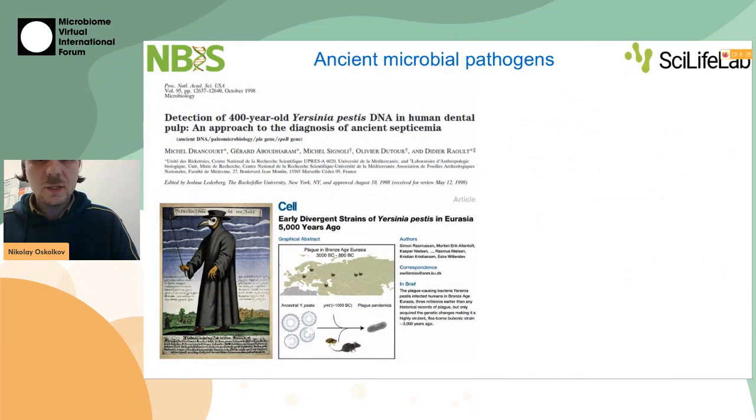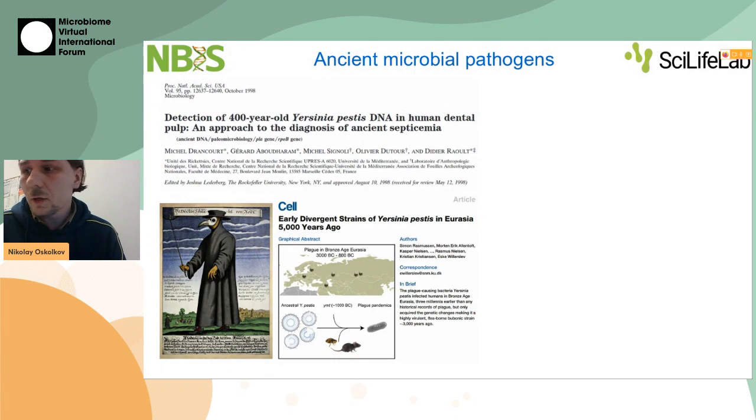And some of these ancient microbes can be really interesting. They can be pathogenic, for example. So already in 1998, there were studies reporting the presence of Yersinia pestis DNA sequences in dental pulp in human samples. And Yersinia pestis is a plague-causing microbial agent.